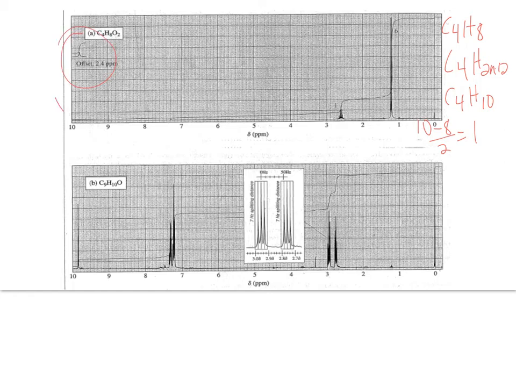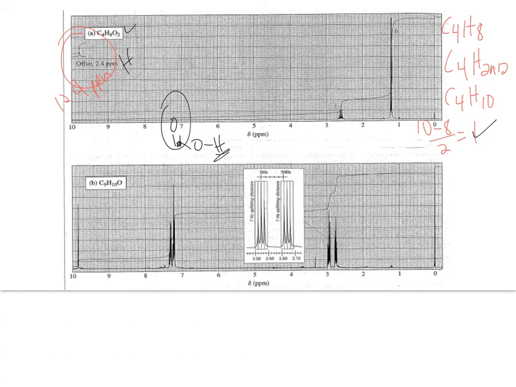This offset means it's around 12.4 ppm. It's a broad OH, so that's telling you a carboxylic acid. That proton right there gives us our 1 unit of unsaturation, and we've used up a carbon and a hydrogen and 2 oxygens.